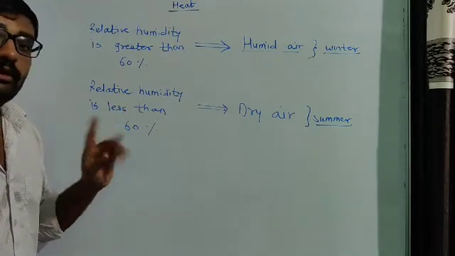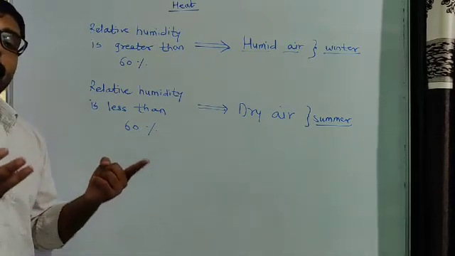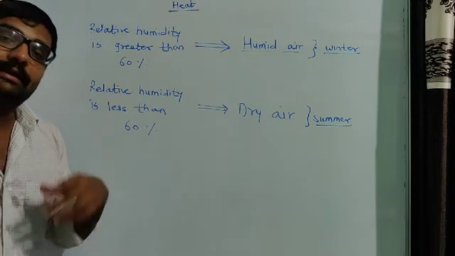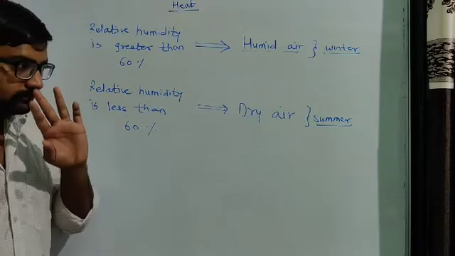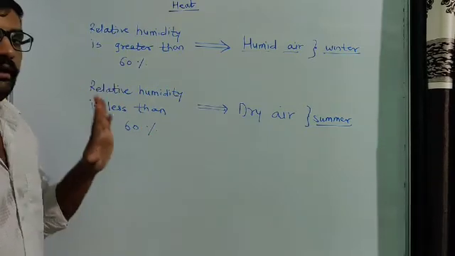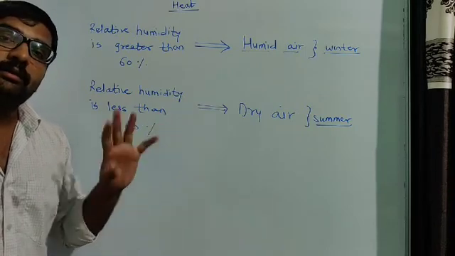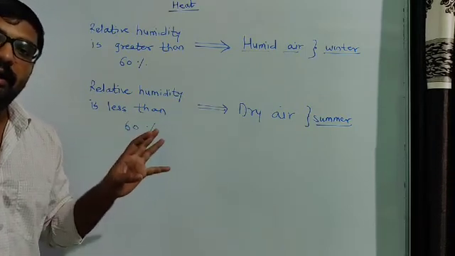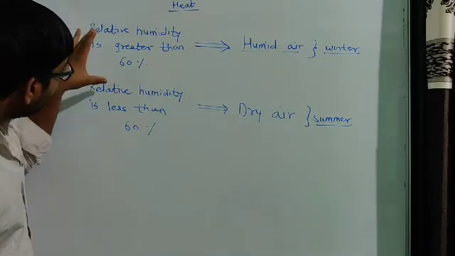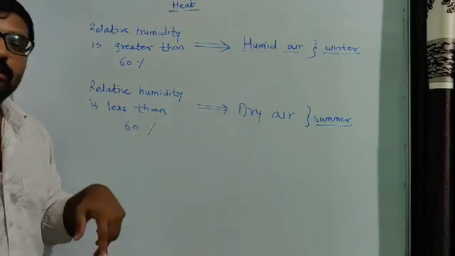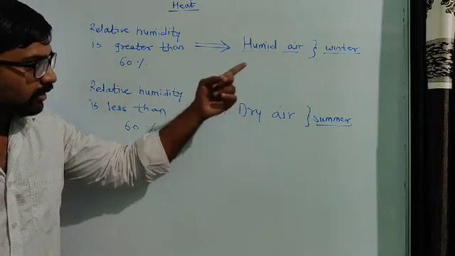Here you have to remember what humidity is. Humidity is simply the amount of moisture present in air. Then absolute humidity is simply the mass of water vapor present in a given volume of air. Then the concept of relative humidity, which we have studied, is important to tell whether our surrounding environment is humid or dry.